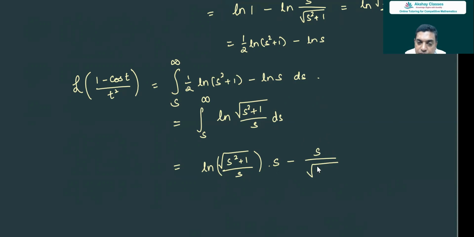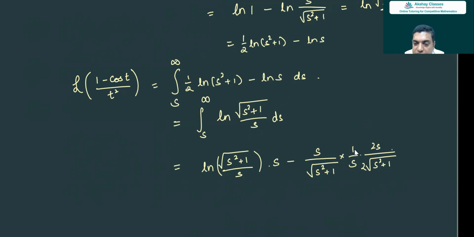So when you do that, s by under root of s square plus 1, into the derivative of this portion, 1 by s into s square plus 1 into 2s, 1 by root 2.